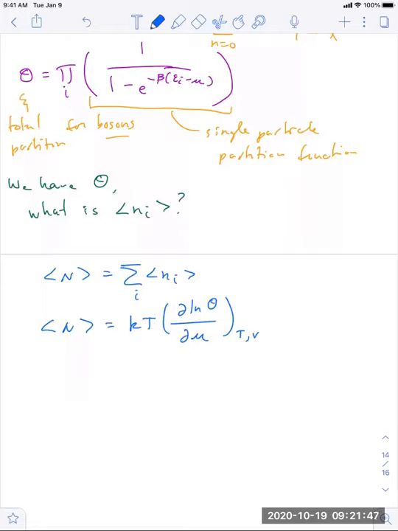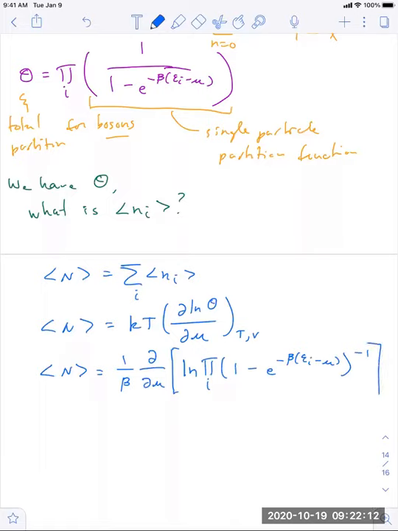So we can do a bit of math to show that we take this log and partial derivative. I'm not taking the partial derivative just yet, but take out beta. So I'm essentially just rewriting or subbing in this expression for theta.